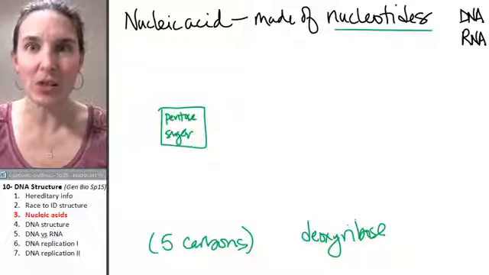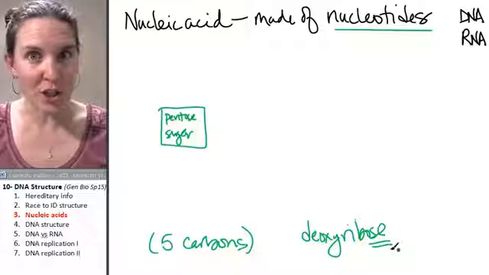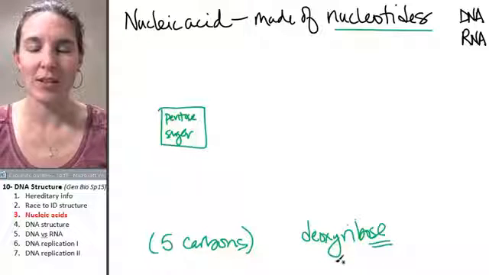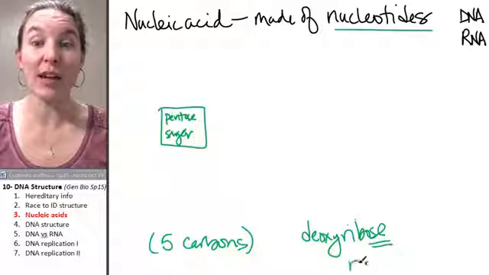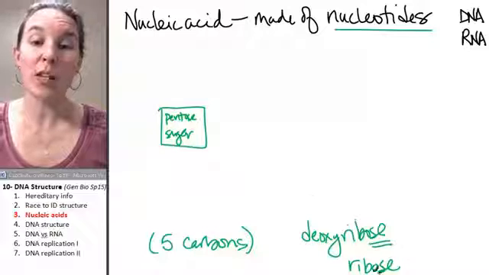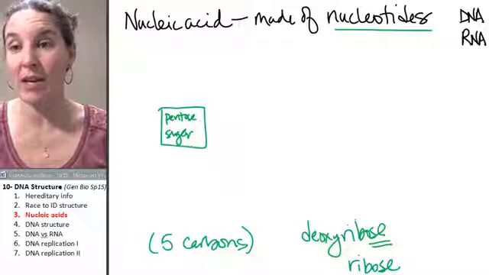That's a pentose sugar. Ose often tells you sugar: glucose, fructose, lactose. Another pentose sugar that we're going to look at is ribose. So either deoxyribose or ribose are going to make up this pentose sugar in our nucleotide.